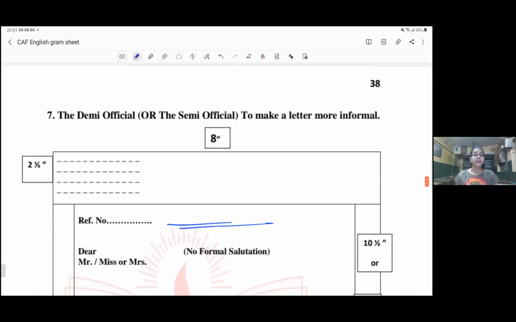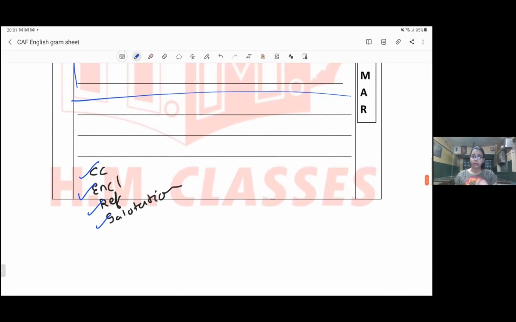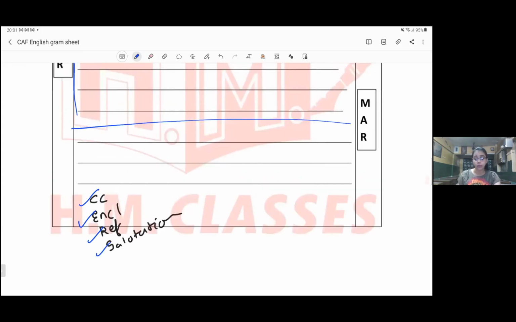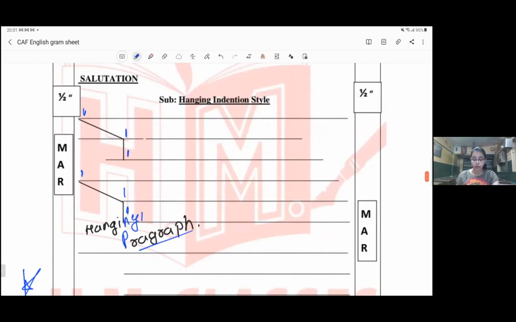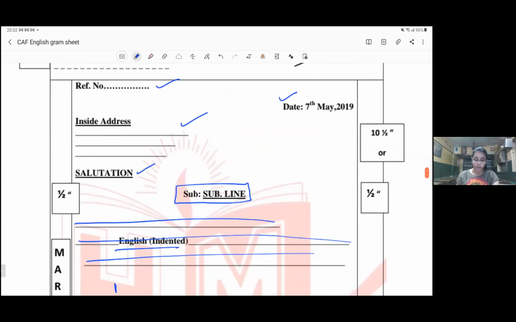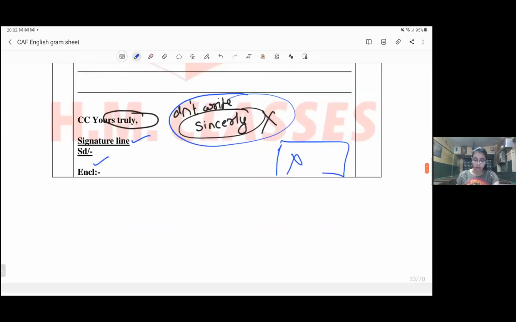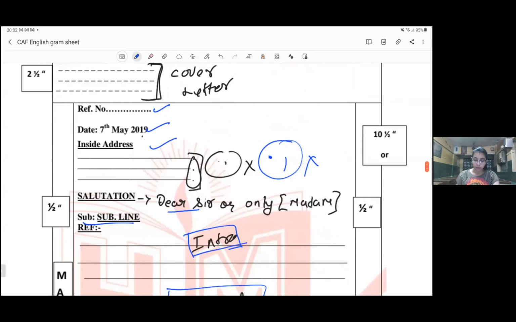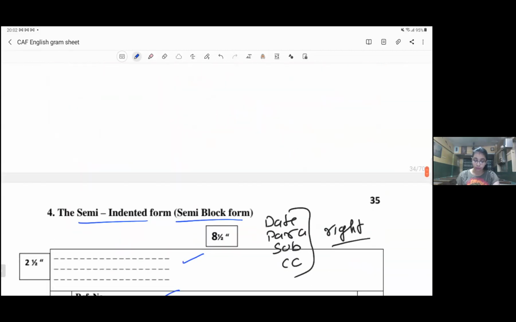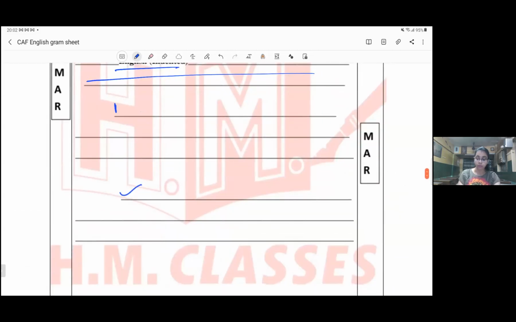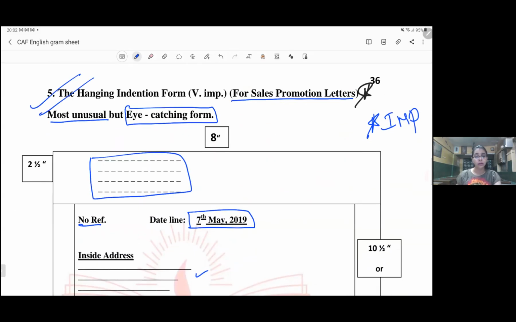And in resume, if they are asking you about sales promotion, then you all are going to follow the sales promotion format in the cover letter. Clear? The sales promotion format you all will follow. This one. Clear?